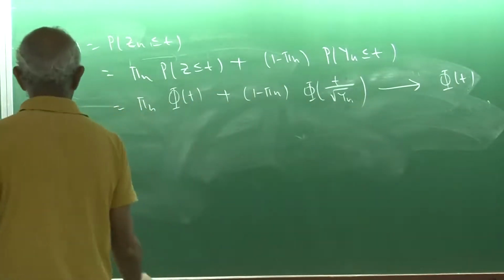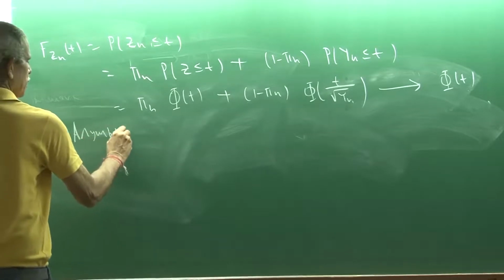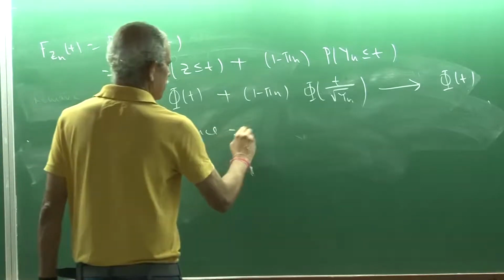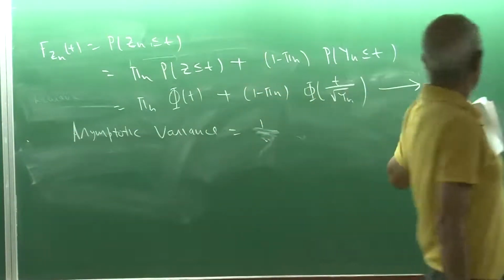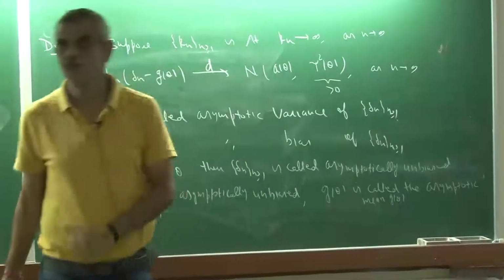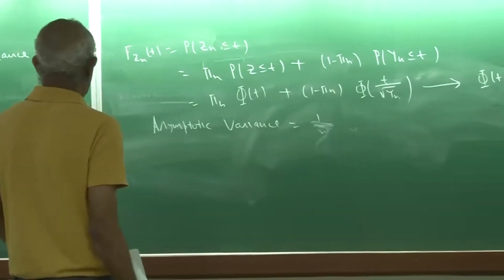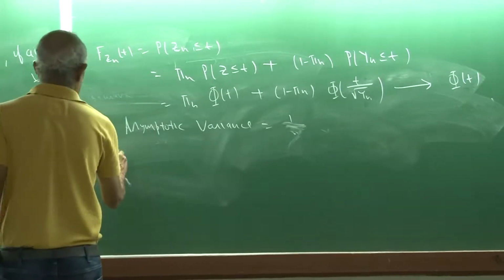So the asymptotic variance is 1, which is the variance of the limiting distribution. The limiting distribution is normal 0, 1 in this case. Okay, now I try to see what is the limiting variance. So for that, first try to find out the expected value of Z_n.